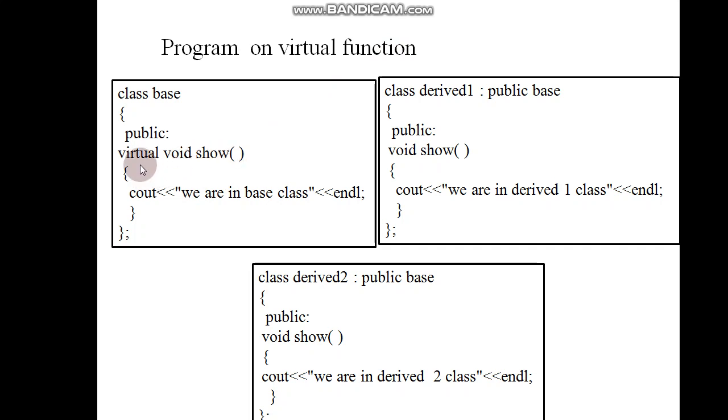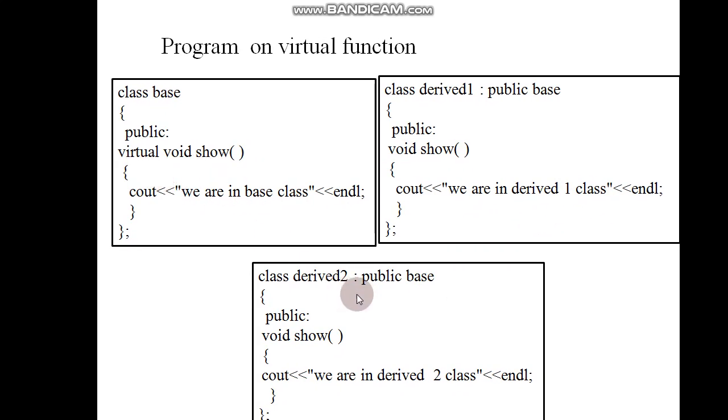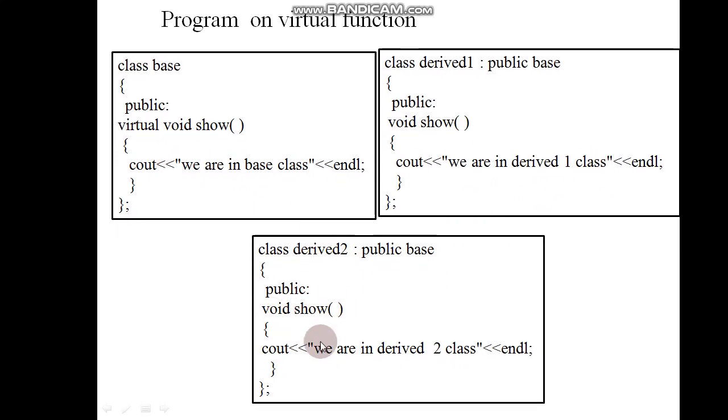A function in the base class is made virtual when we are going to inherit the properties of the base class into derived classes. We are going to override the virtual show function in derived 1 and derived 2 with a new definition. The program is the same, the only change is that we use the virtual keyword in the base class before the show function.